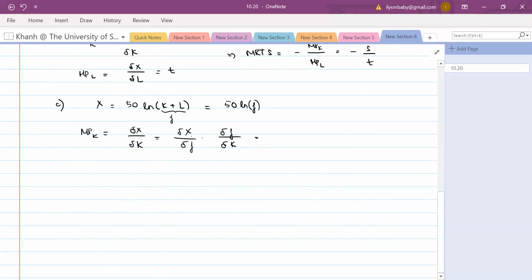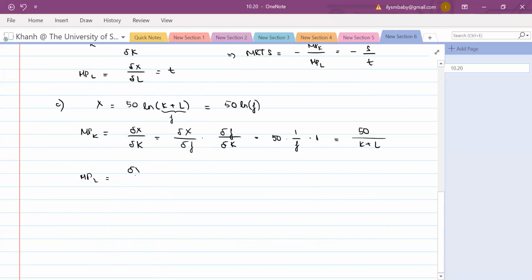If I differentiate x with respect to f, where x is a function equal to 50 log of f, I get 50 times 1 on f, and multiply by the differential of f with respect to k. Now given that f equals k plus L, if you differentiate f with respect to k, you get 1. And now we just have to substitute the value of f, which is k plus L. And so that is our marginal product of capital.